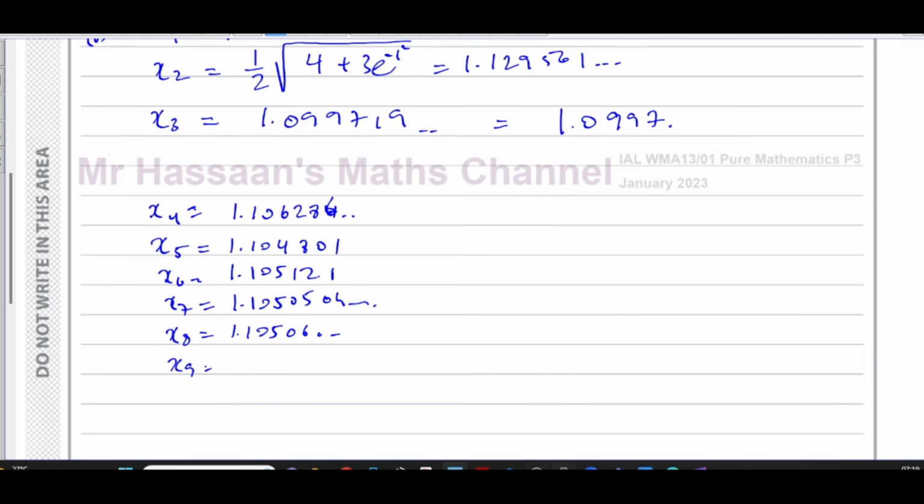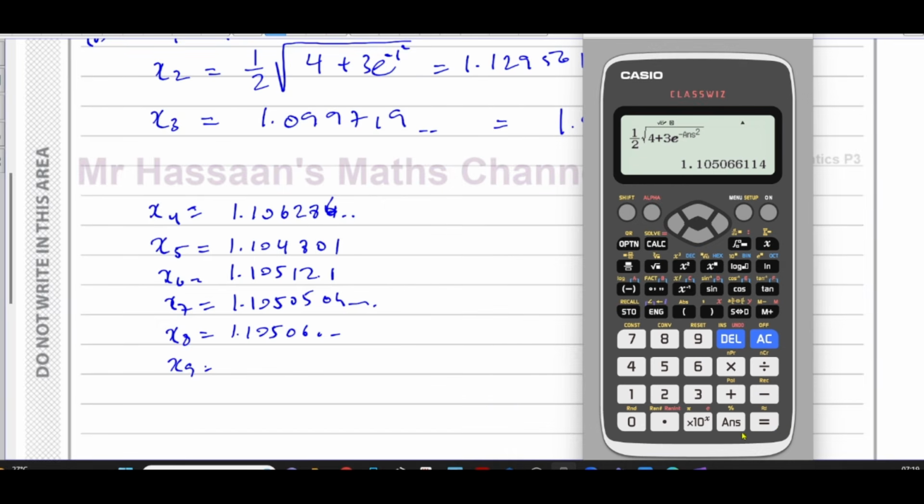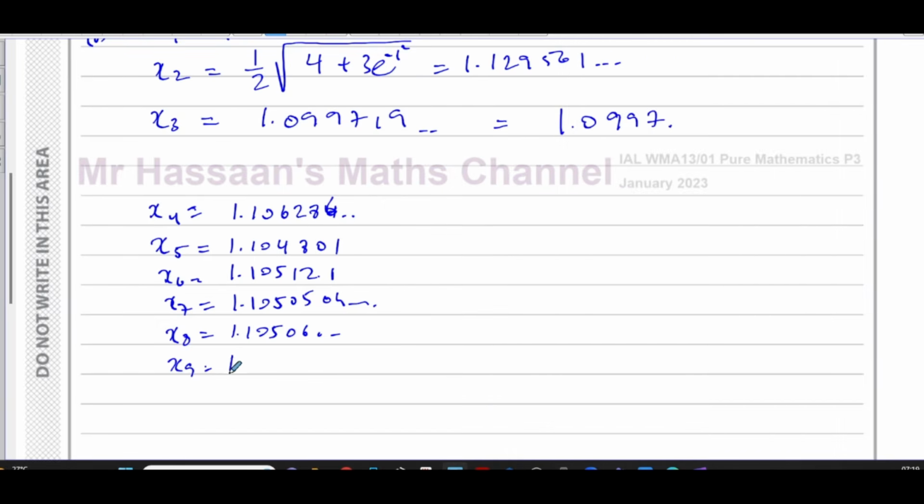I think that should be enough. The next one, yeah, that's it. It's 1.10506 and continues. So we can see here that the value of alpha is 1.1051, and this is to 4 decimal places.